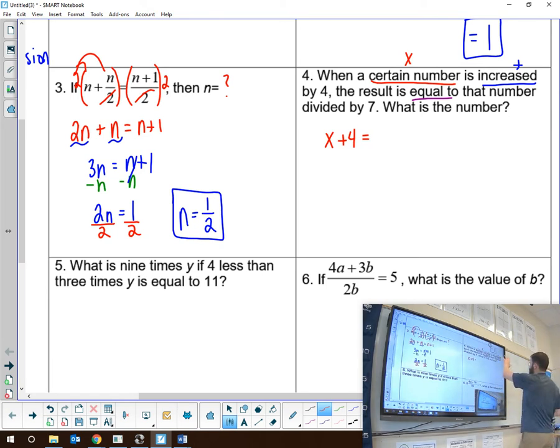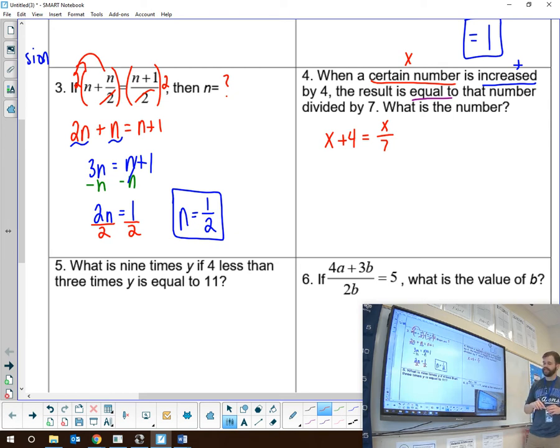So that same number that we were just working with divided by 7. It's asking us what is the number. So the number we've already decided is going to be x, and so we're going to write on the other side that number divided by 7. So my equation that we need to solve is x plus 4 equals x divided by 7.